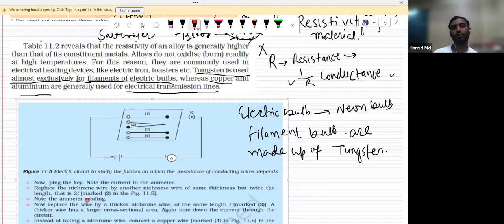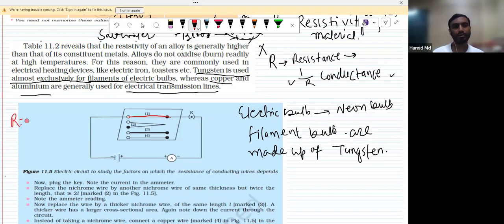What we studied in one case is that we have to use a wire of length L of some thickness. Replace the nichrome wire and see how the resistance behaves.